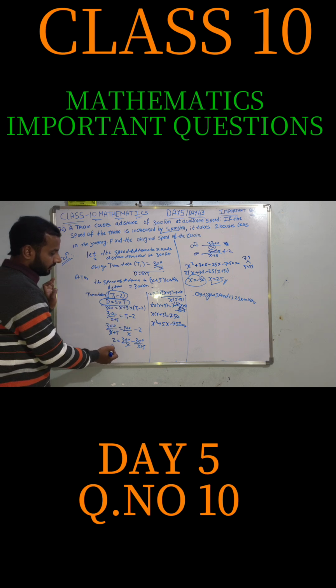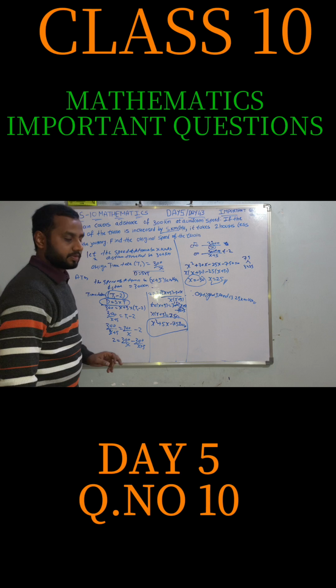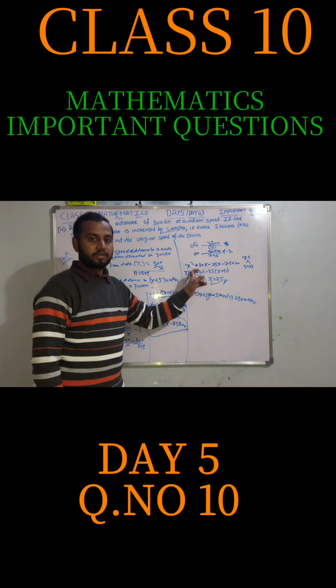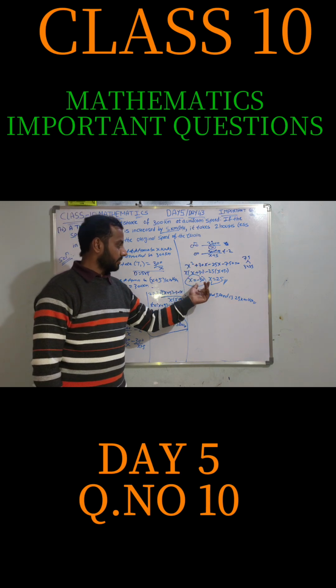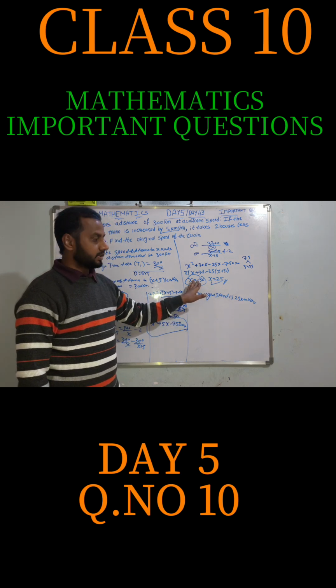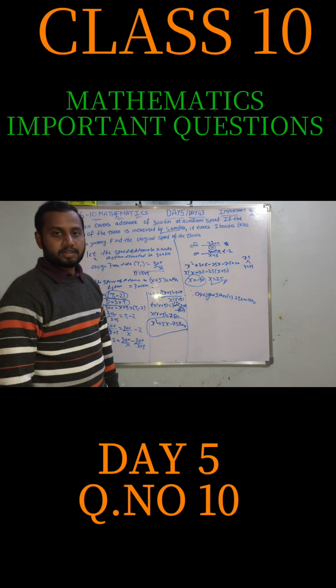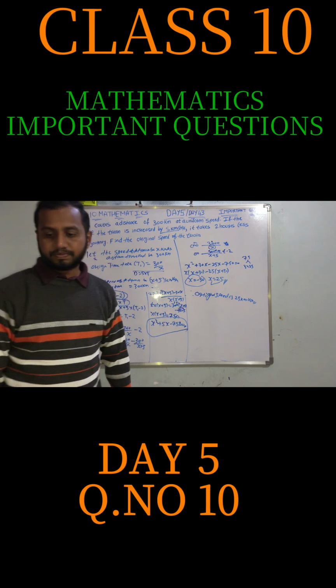Substitute it here, and we will get a quadratic equation: x square plus 5x minus 750. Now solve the quadratic equation using the splitting method. Then you will get x equal to minus 30 and x equal to 25. X equal to minus 30 will not be taken because it is a negative value. Therefore, x equal to 25 is the correct answer. Therefore, the original speed is 25 km per hour.